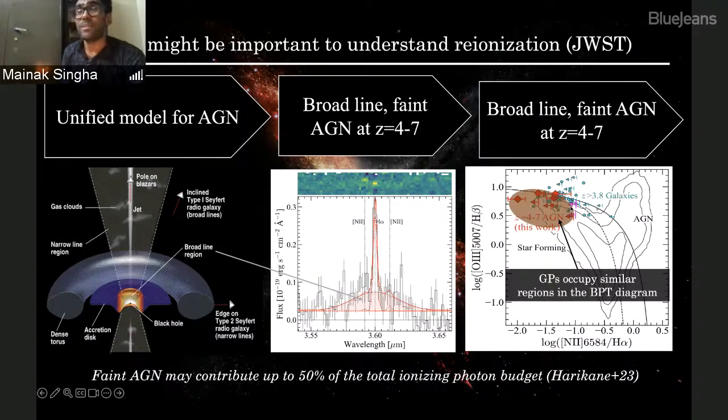Not only that, a study by Harish et al. in 2022 has suggested that green pea galaxies could also have AGN. So it's really worth studying any possible evidence of AGN to understand if there's any AGN contribution in the reionization process. And that's why we really want to find out if there's any AGN in green peas.